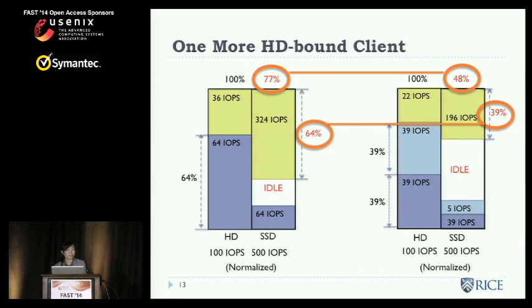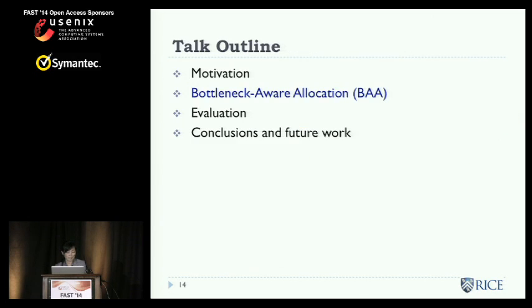And the utilization of the SSD is reduced from 77% to 48%. So DRF gets low utilization because it tries to equalize the dominant share for all resources without considering the system bottleneck. Next, we will introduce our bottleneck-aware allocation.